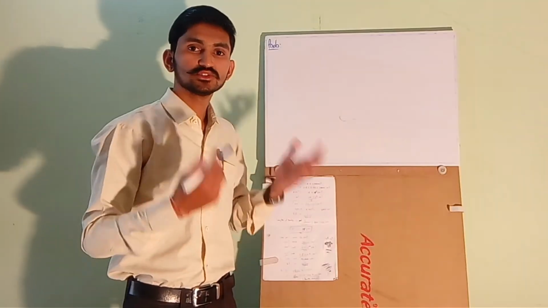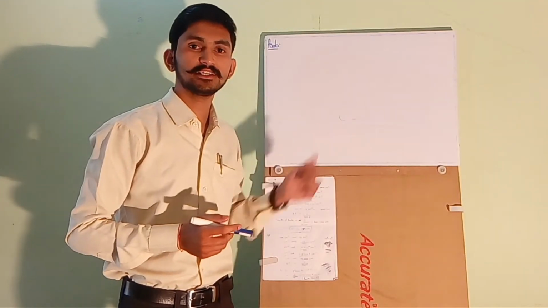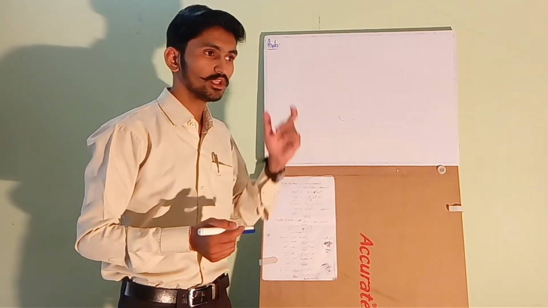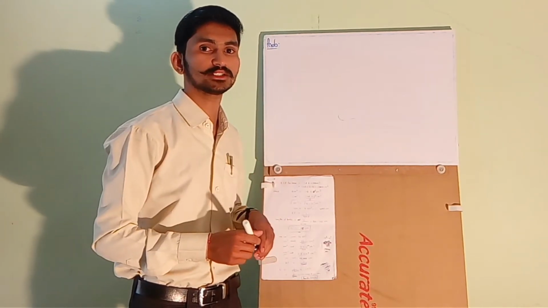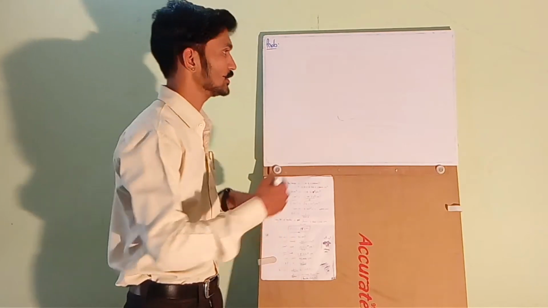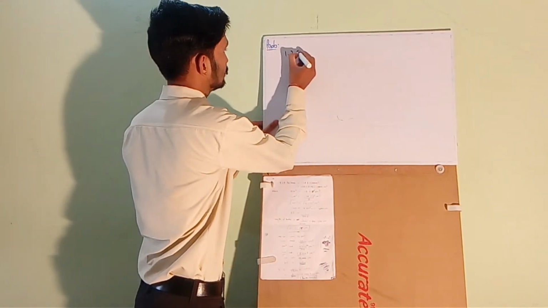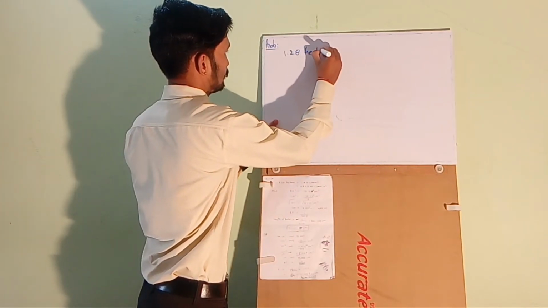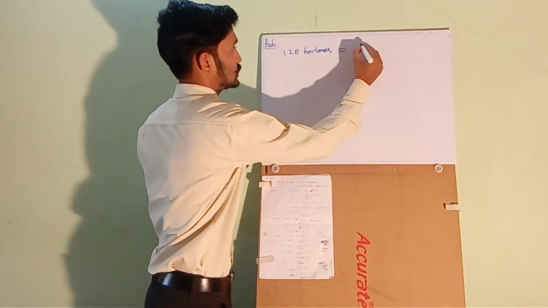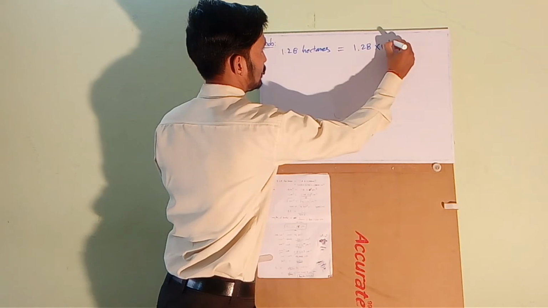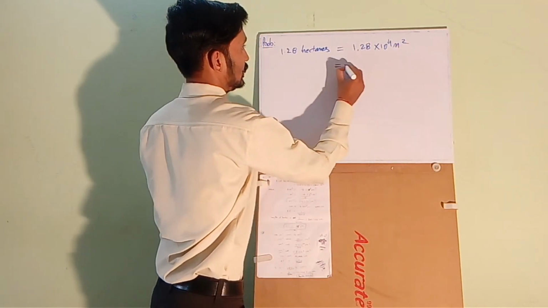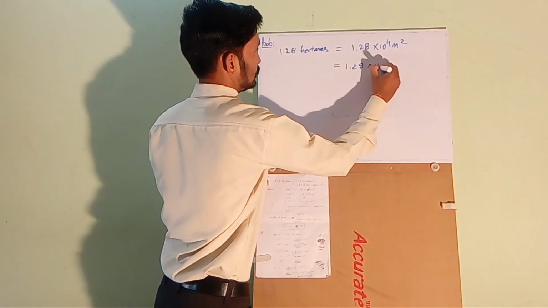So now we have to convert hectares into centimeter square, and we know 1 hectare is equal to 10,000 meter square and 1 meter square is equal to 10,000 centimeter square. So 1.28 hectares is equal to 1.28 into 10 to the power 4 meter square, and to convert it into centimeter square, again multiply by 10 to the power 4.